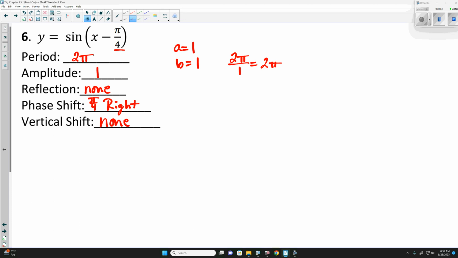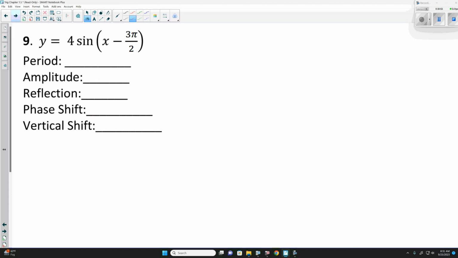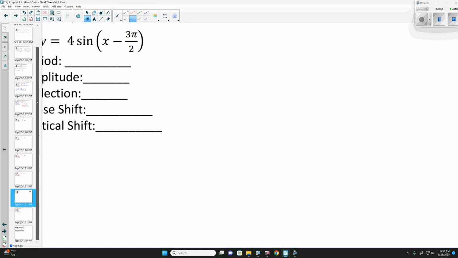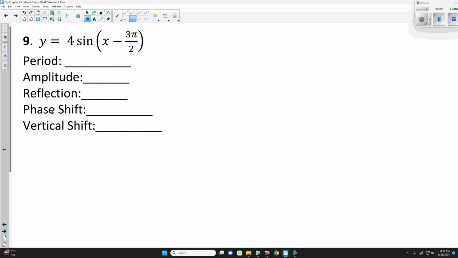Questions on any of those here? Yeah, we're almost done. Is there a vertical shift for this here? No, there's nothing added to the end, so there's not a vertical shift.